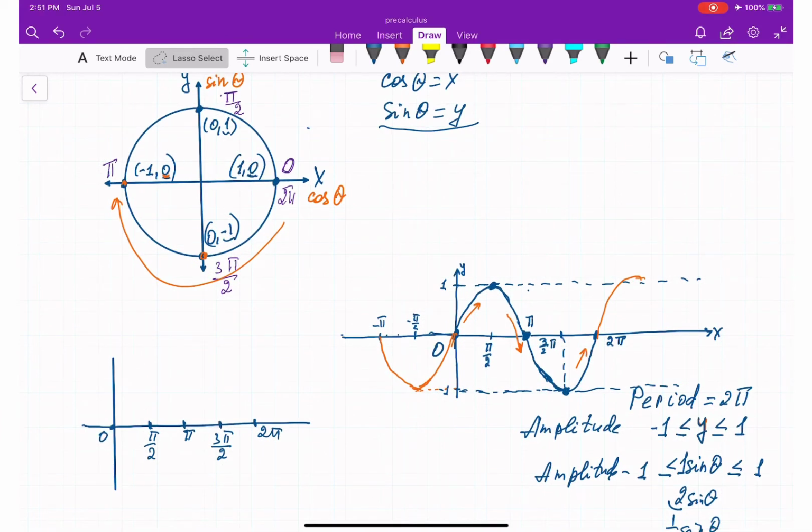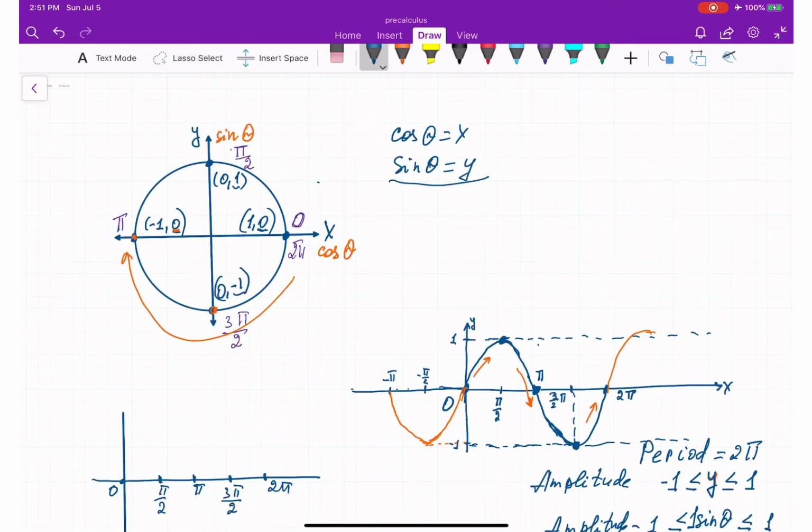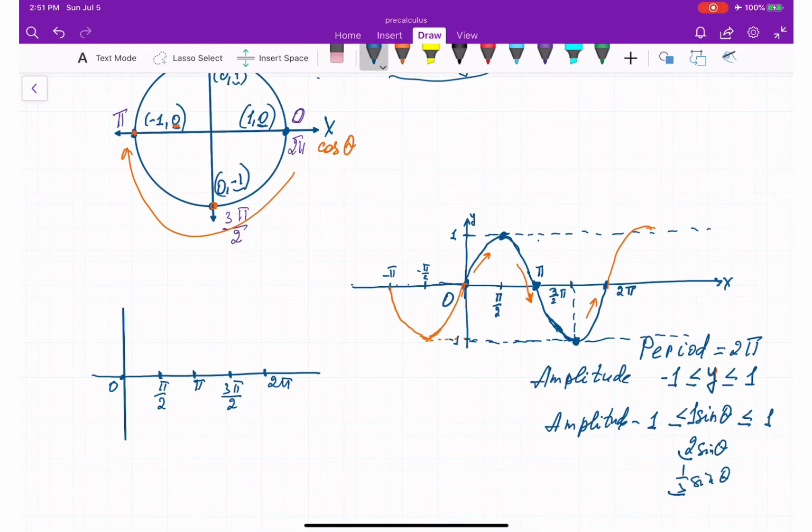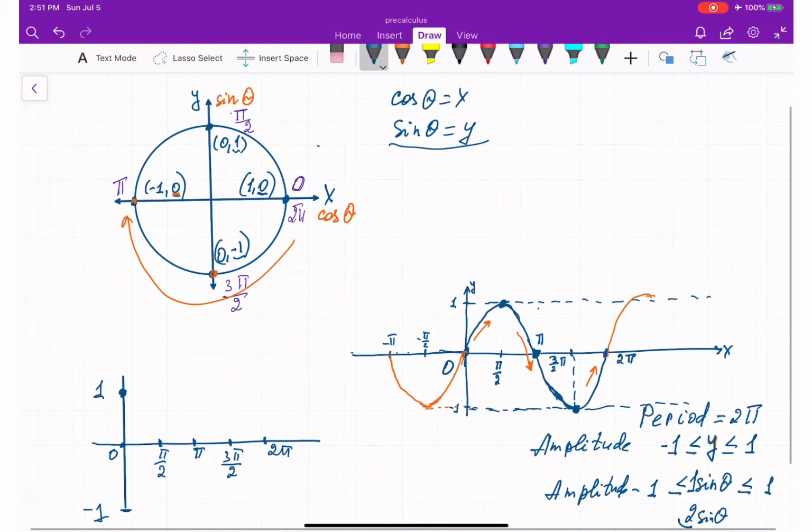At the point of 0 radian, our cosine is going to be 1. So it's going to be right here, and -1 is going to be here. In the point of half a pi, our cosine is going to be 0, because here x is 0.